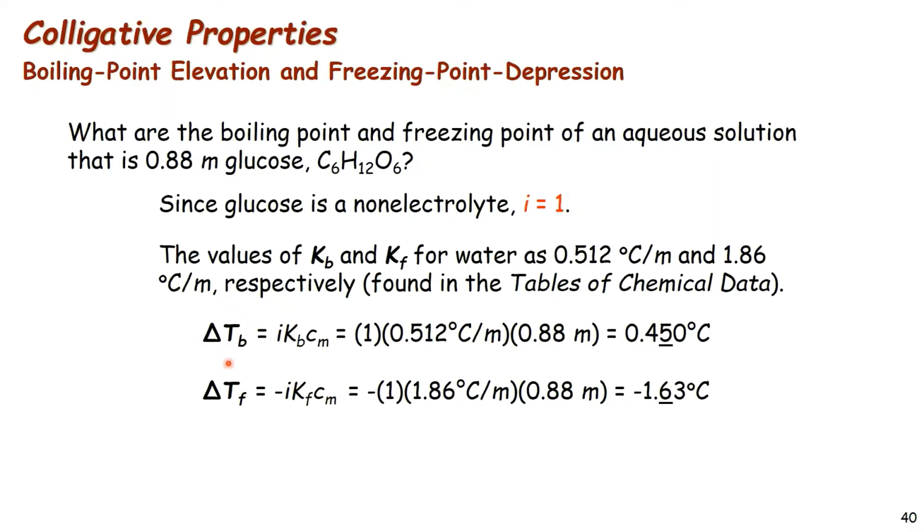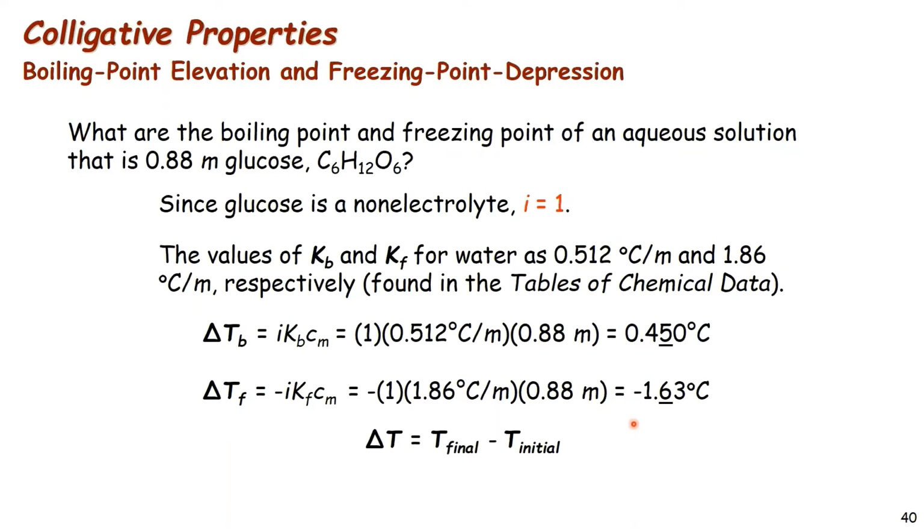Oh, would it be 100.450? Exactly. And what is its new freezing point going to be? 100 minus... What does water freeze at? 0. And so the change in, what is the new freezing point of water? Would it just be negative 1.63?